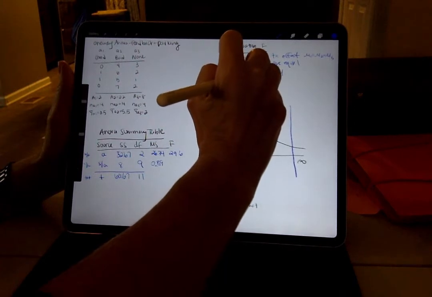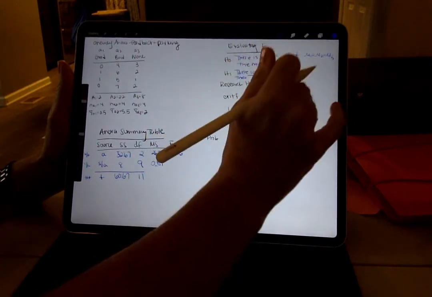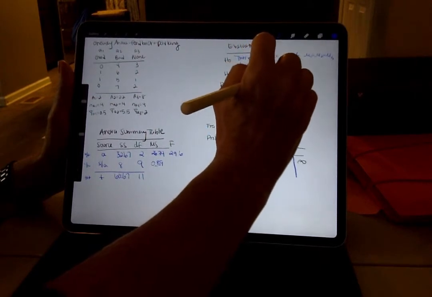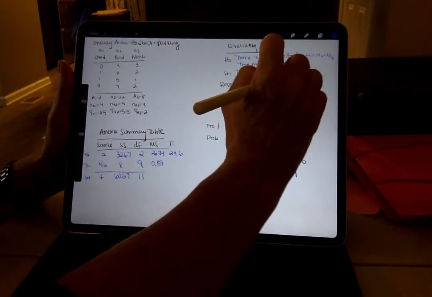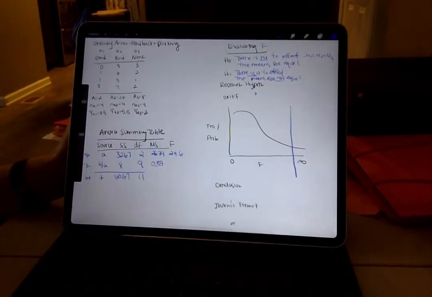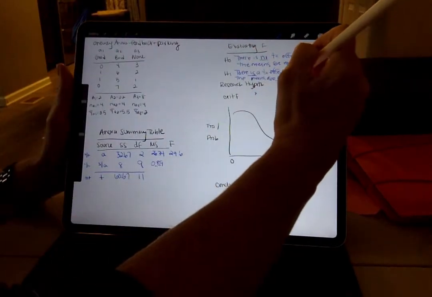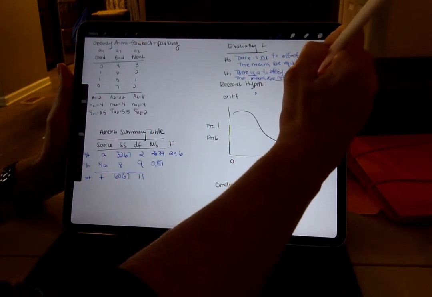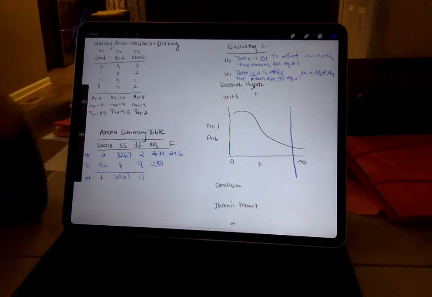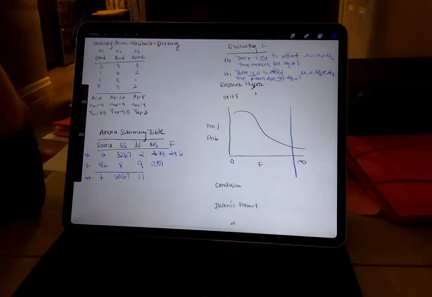We could also say the means are not equal. And if we want to use the mu's, we could say mu1 does not equal mu2, does not equal mu3. Again, all 3 of those statements are interchangeable. You can use any of them. If I ask you for a null or alternative hypothesis, any of those will suffice.